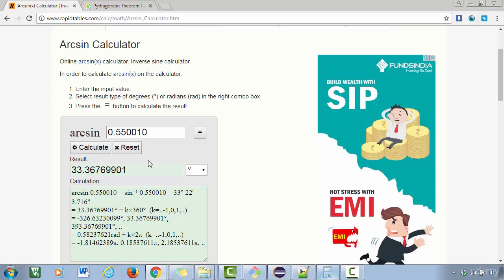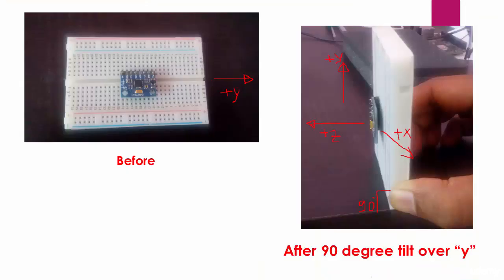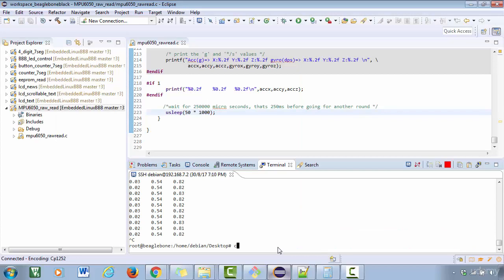Now if I put this device to 90 degrees, let's see what happens. I have placed my sensor at 90 degrees, exactly 90 degrees now. Let's see what my sensor is reading now.